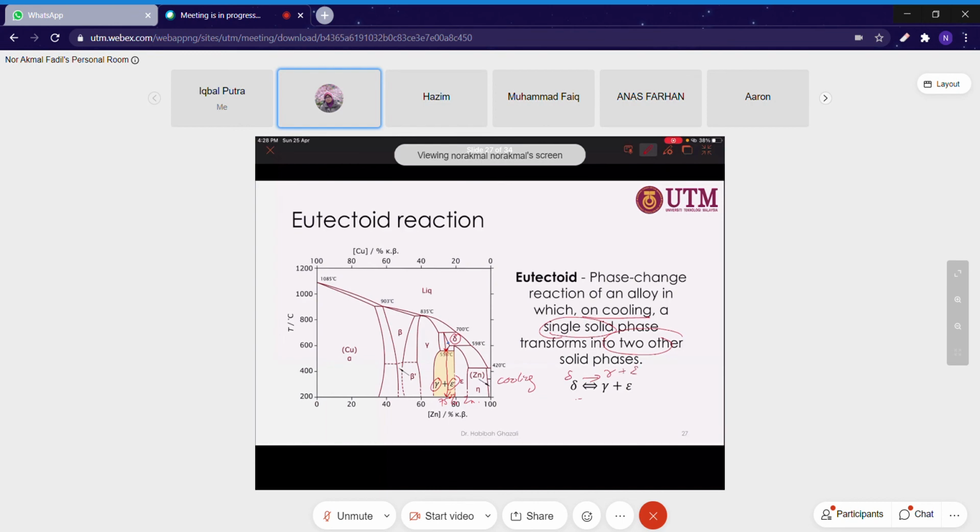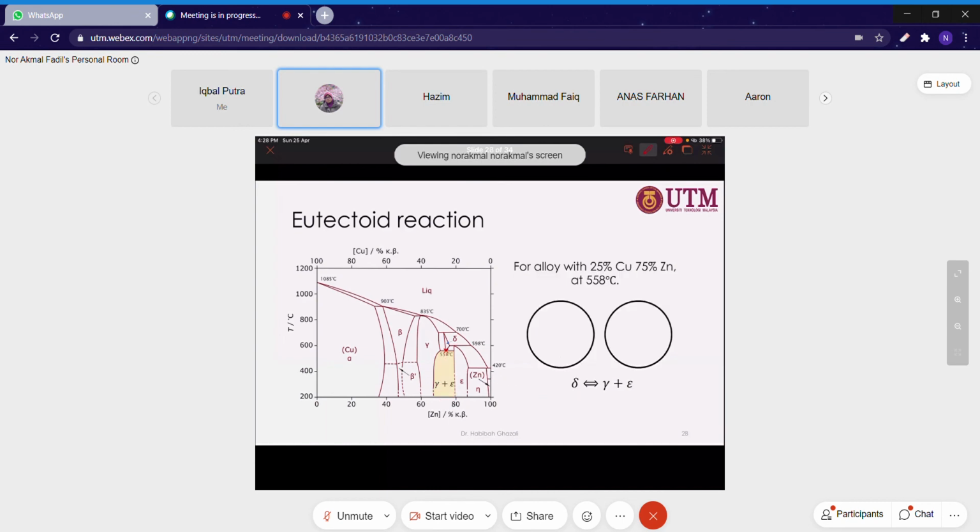So it's very simple. For an alloy with 25% copper and 75% zinc, if you cool it down, you will have delta single phase.